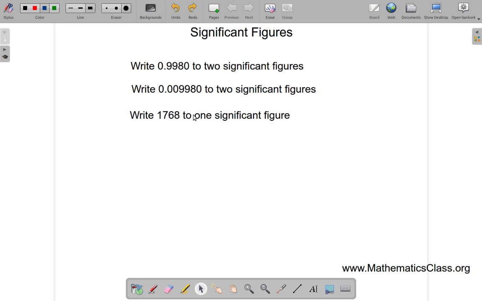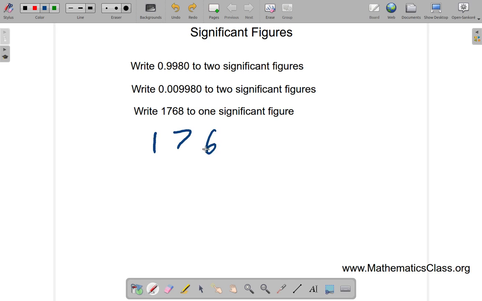Let's move this up to make some space to write under it. 1768 to 1 significant figure. What is that? So we have 1768 to 1 significant figure.